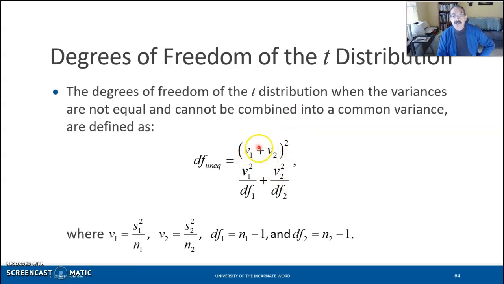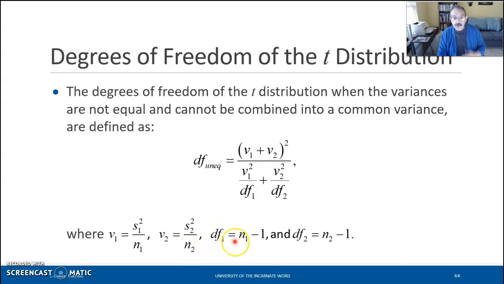In this case, we're going to use these quantities V1 and V2. So the numerator of the degrees of freedom is just the sum of those two, V1 and V2, and we square them. And then in the denominator, we have V1 squared divided by the degrees of freedom that corresponds to that, and then we have V2 squared divided by the degrees of freedom that go with those estimators. So here's how V1 is defined: it is the first sample variance divided by the sample size, and V2 is the second variance divided by the second sample size.